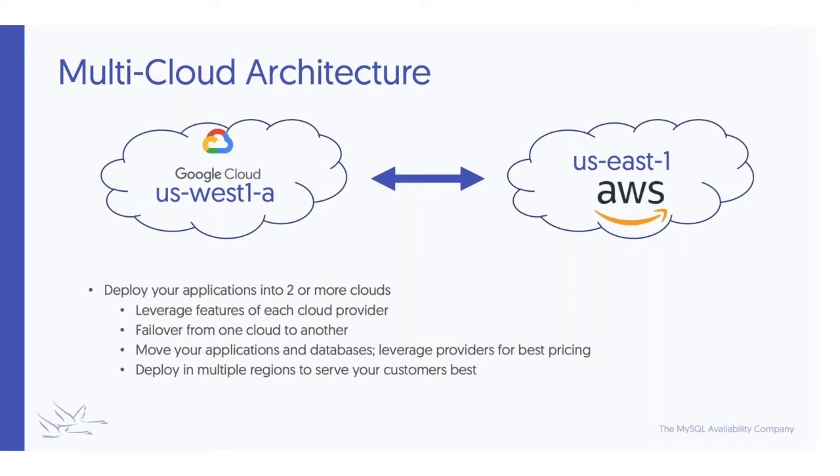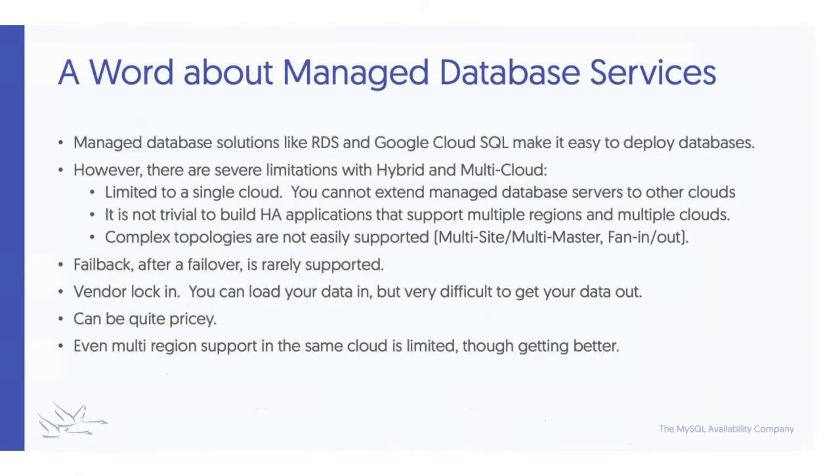So one thing you may be thinking of is, well, what about managed database services? A managed database service is something like RDS in Amazon for Aurora and MySQL, and also Google Cloud SQL. The goal there is to make it easy to deploy databases. Again, you just kind of point and click, and you can create a database.